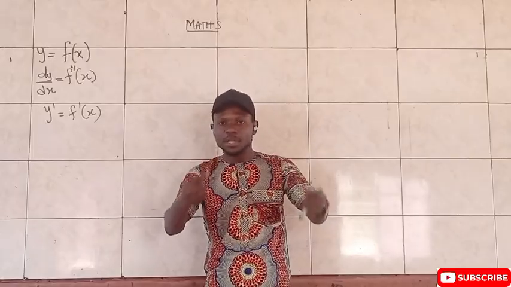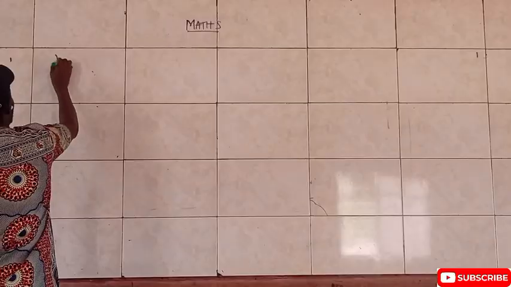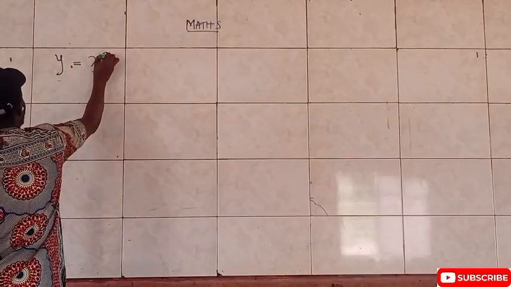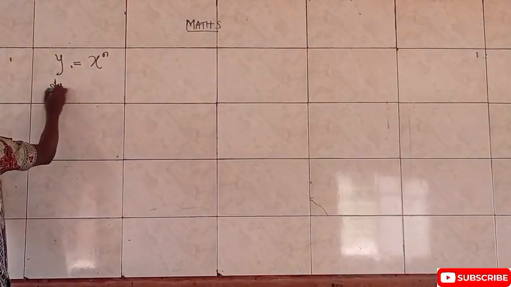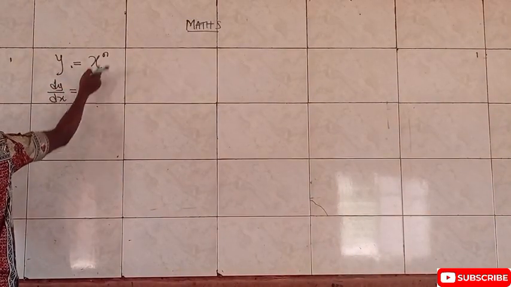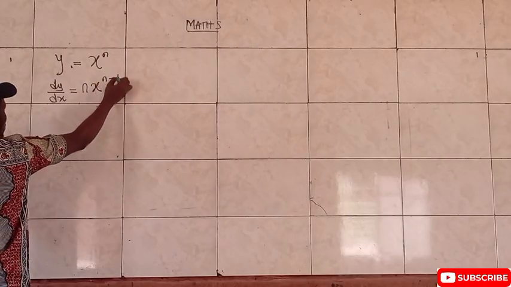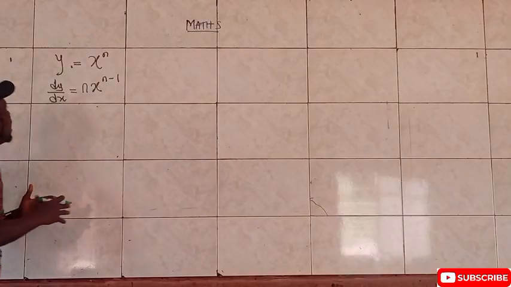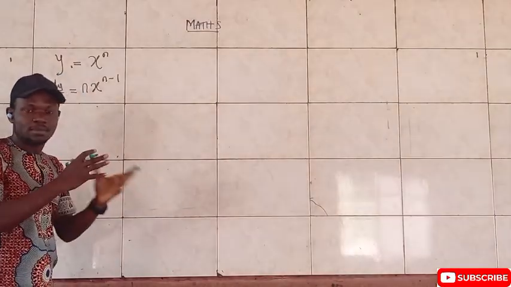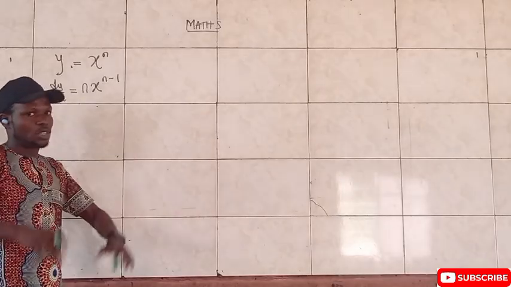Let me reiterate to you that if I have something of the form y equals x raised to the power of n, do not forget that this will become dy dx equals n x raised to the power n minus 1. There is a method of proving this using the first principle and the binomial theorem, but not to talk about that today.